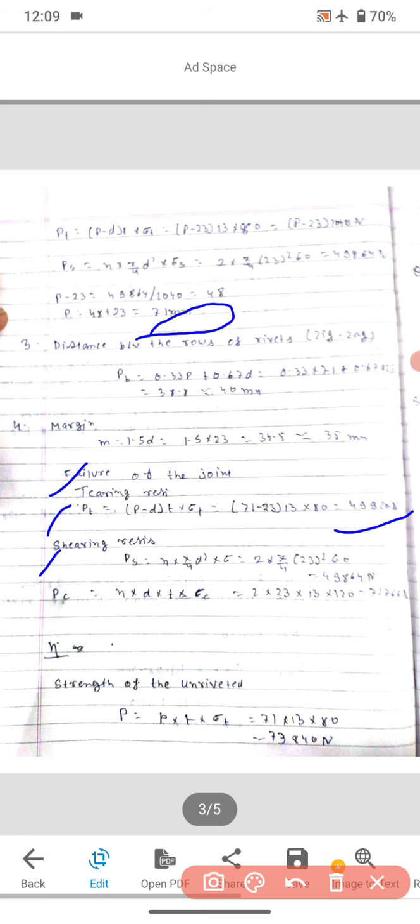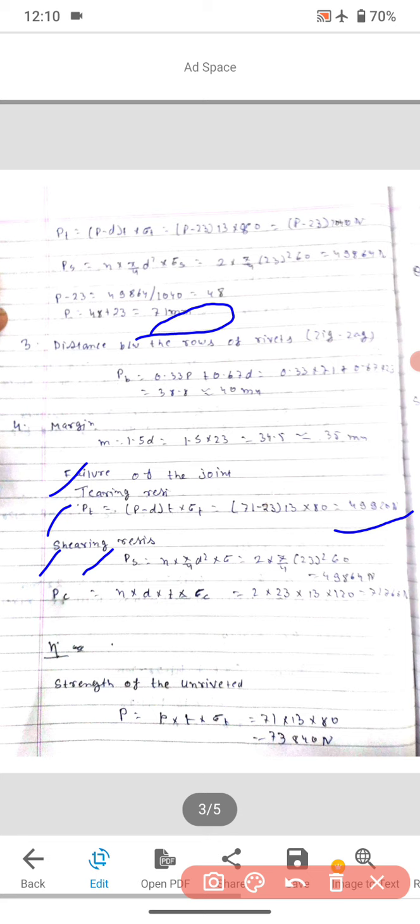Next will be the shearing resistance. We know the formula of shearing resistance because we already did a number of questions on this topic. So Ps is equal to n multiplied by pi by 4 d square into sigma.